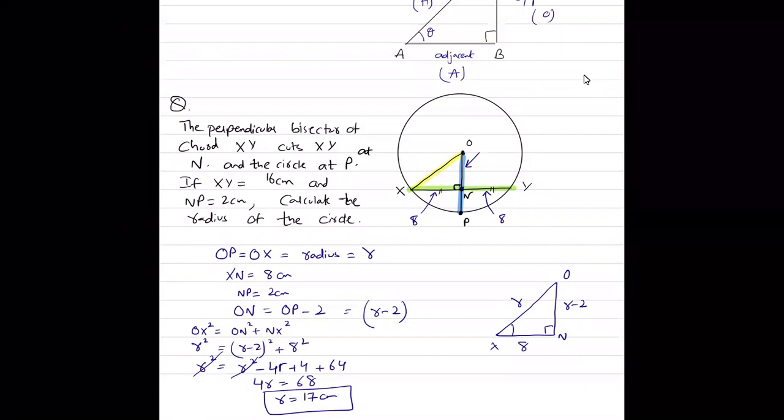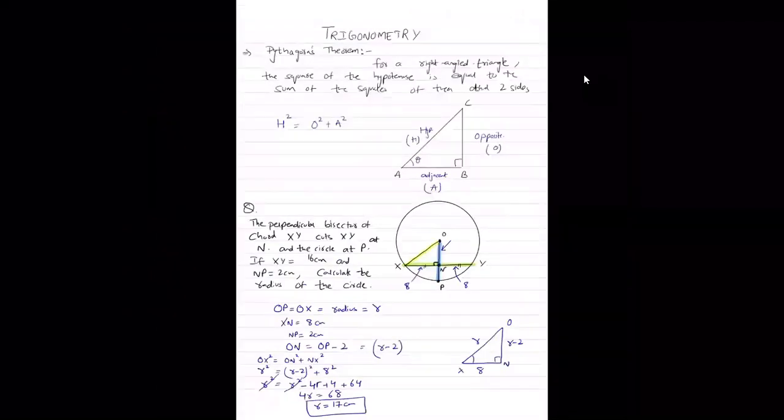Now the next thing that we can discuss over here is the trigonometric ratios of an acute angle.